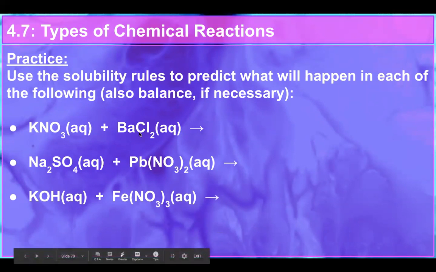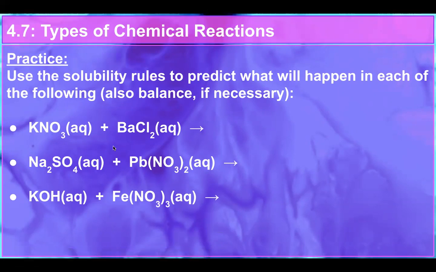So on your own, I would like you to check out these ones and figure out if there's going to be a reaction. And if there is, then finish up the reaction, make sure that it is balanced. If there is no reaction because the new combination would still be soluble, then write that as no reaction.